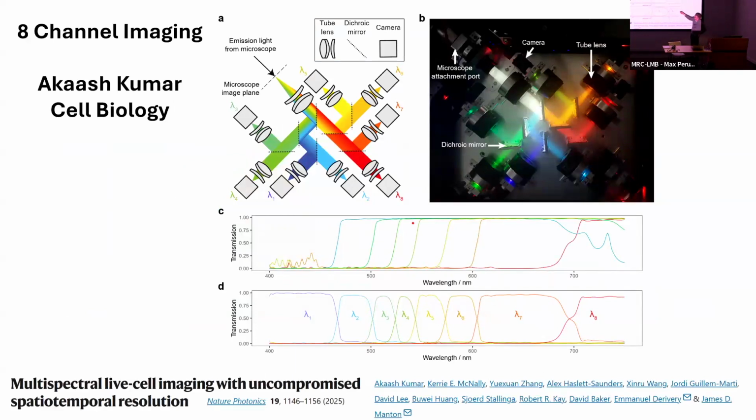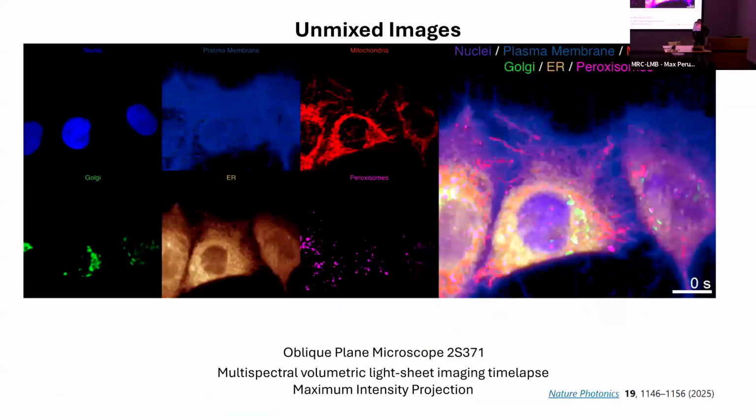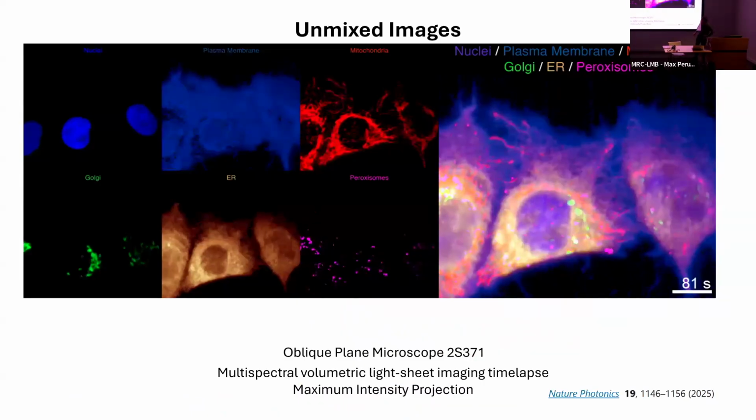This device is intended to be plugged onto a microscope where you'd put a camera, so it can go on a wide field microscope, spinning disc, what have you. It's got all those spectral separations built in with all these filters. Each of these is a camera, and then you collect all of that stuff. And that's the output you get from this thing.